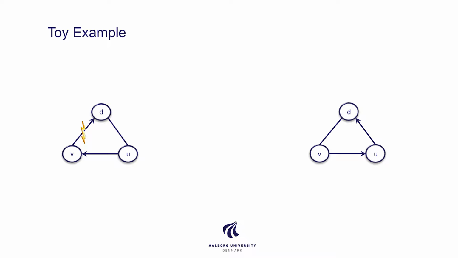You can repair it or do something else with it. One simple thing you could do is to tell U and V, please change your forwarding behavior from the left to the right side.